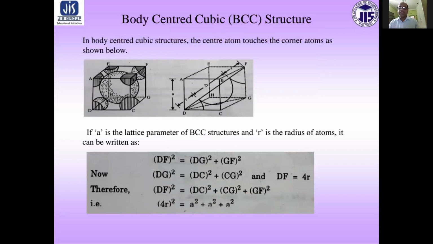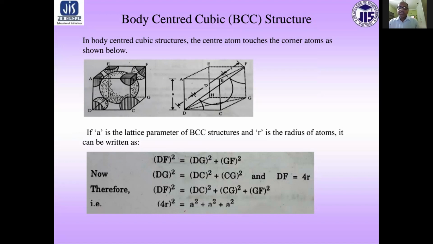Now next is the body-centered cubic structure. In a body-centered cubic structure, the center atom touches the corner atoms as shown in the figure. As we know, there are a total of 8 corner atoms and 1 interior atom.